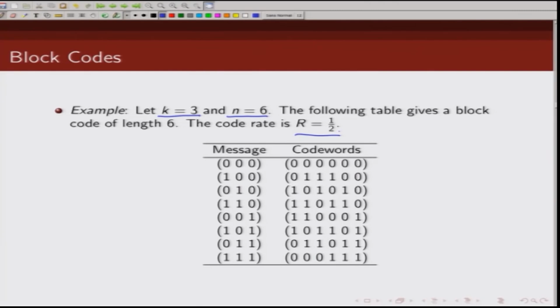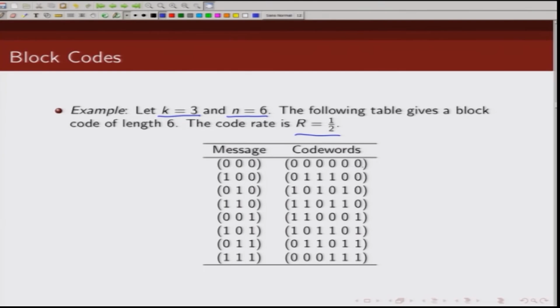What we have here are our message bits. Now, k is 3, that means there are 2 raised to power 3, which is 8 code words, and these messages are from 000 to 111. These are the 8 message bits, and corresponding to these message bits, these are the 8 code words.